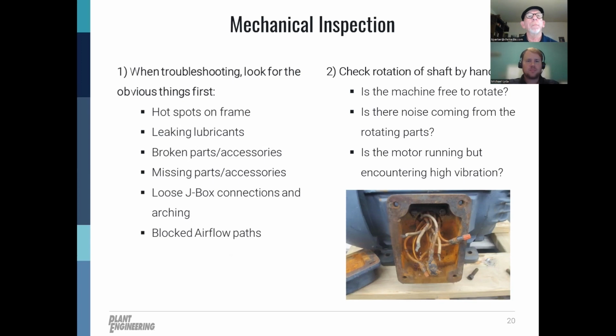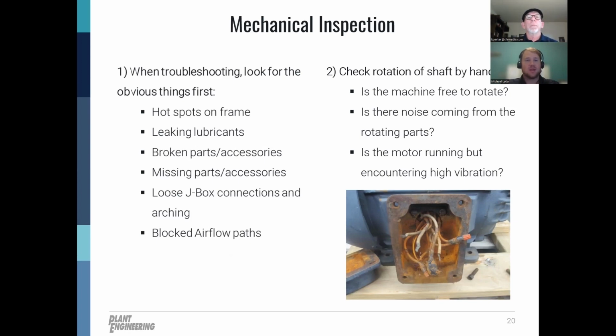One other thing to look for: if you see anything on the motor that looks out of place, broken parts, missing parts, a missing fan blade. If you have a fan cooled motor, look at the fan blades. If there's one missing, that's not good. That's going to lead to some accelerated temperature rise.